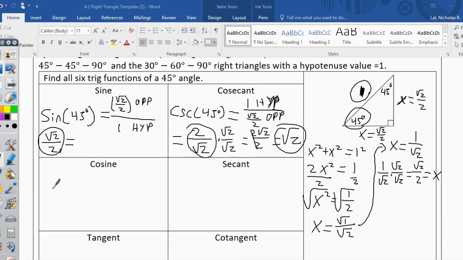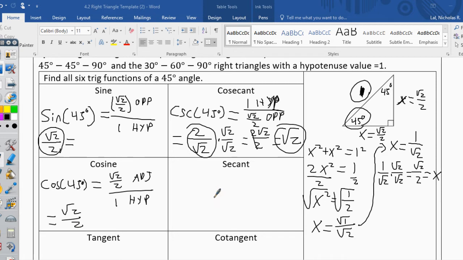The cosine of 45 is going to be the same thing. The cosine of 45 degrees is equal to root 2 over 2, that's the adjacent side, over 1, that's the hypotenuse, so that's equal to root 2 over 2.